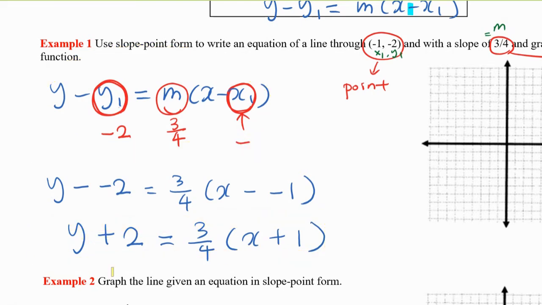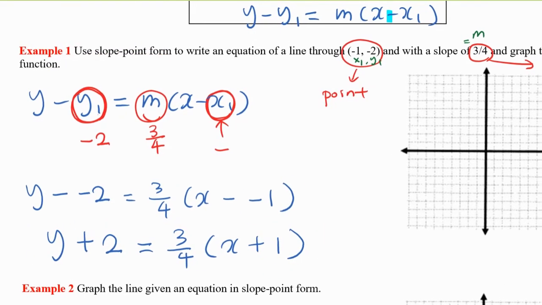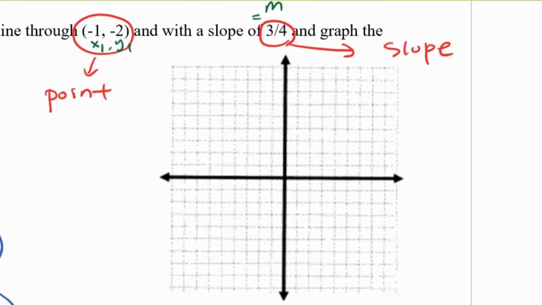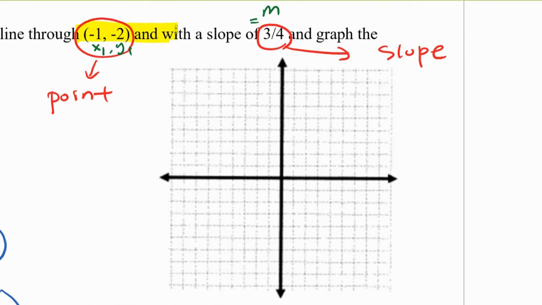And now what we're going to do is draw the linear line using the point and the slope. So this is just letting you know the starting point, -1, -2. So here, -1, -2 is here.